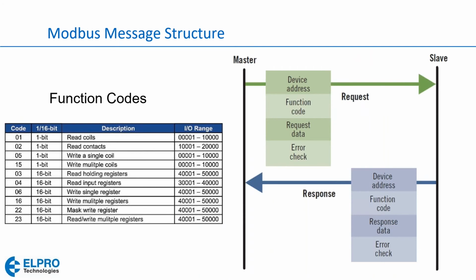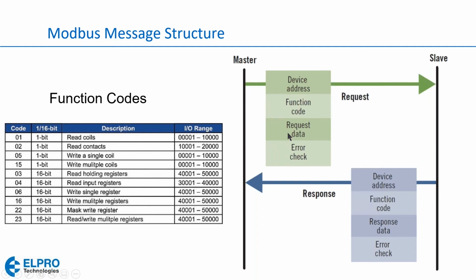Okay, now here's what the Modbus message structure looks like. And it's really very, very simple. If you break down the message coming from a master device, the first couple of bytes will be the device address, followed by the function code, which determines what you're going to do, if you're going to read inputs, write to outputs, or read single bits, as opposed to reading 16-bit registers.